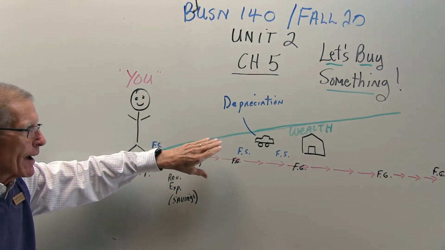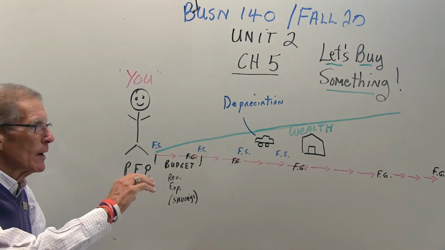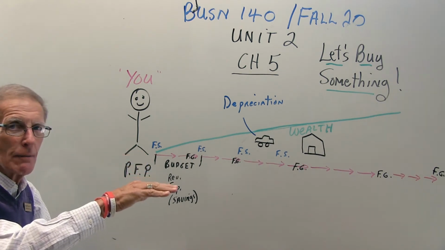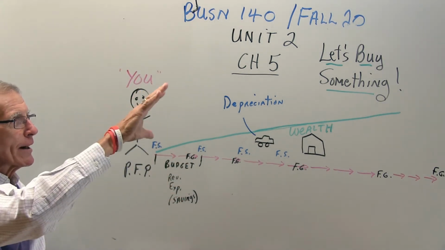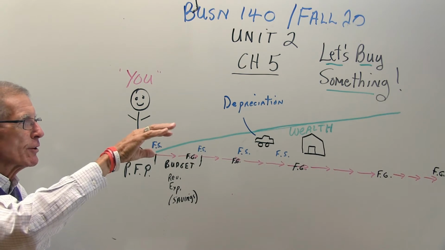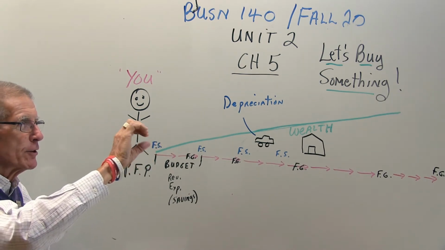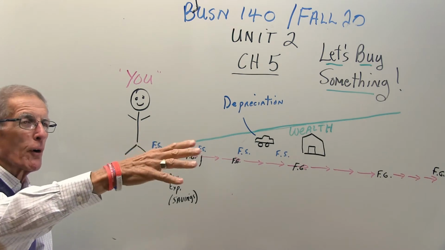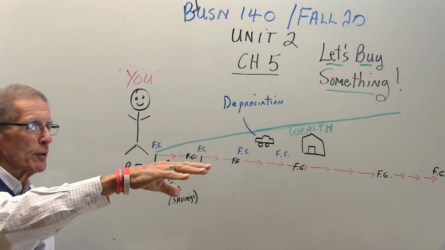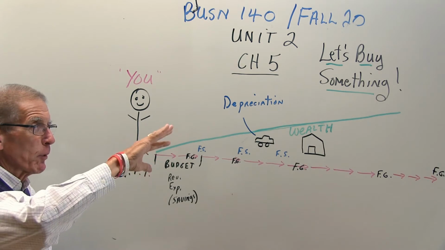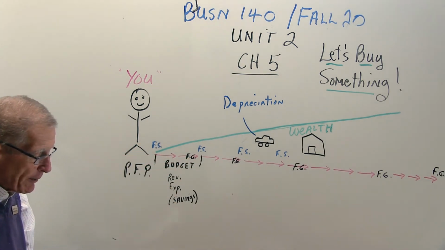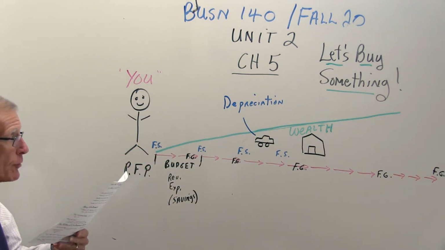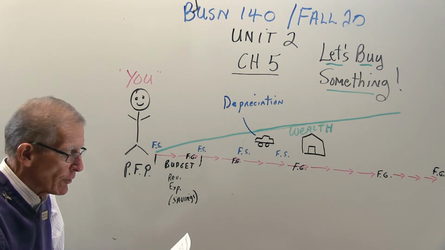But that particular asset over time is going to depreciate in value. So when you do your balance sheet and you're listing your personal assets and you list your vehicle, the amount that you list that vehicle for is going to be the market price at the time that you're doing your financial statement, and that's probably going to go down over time. So just know what depreciation is.